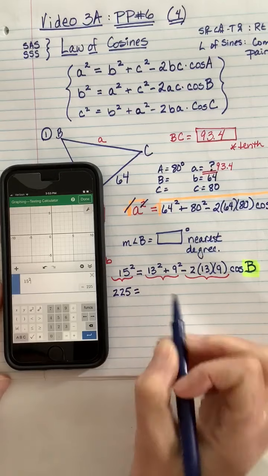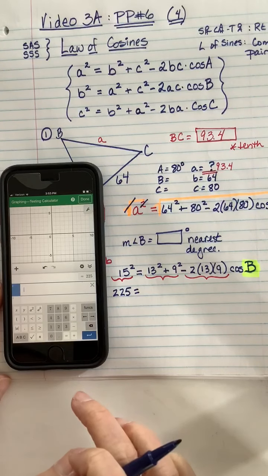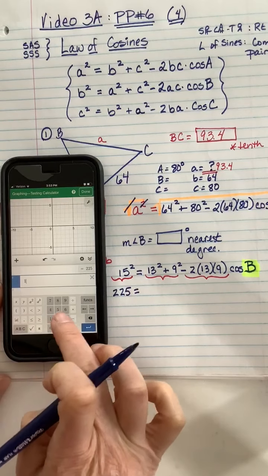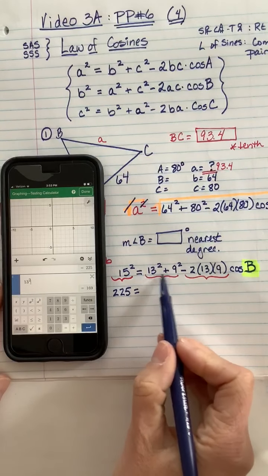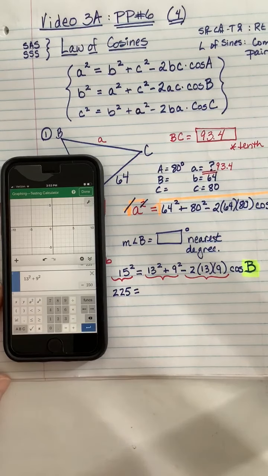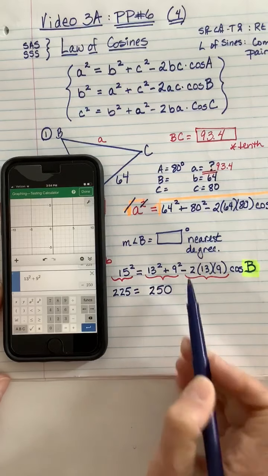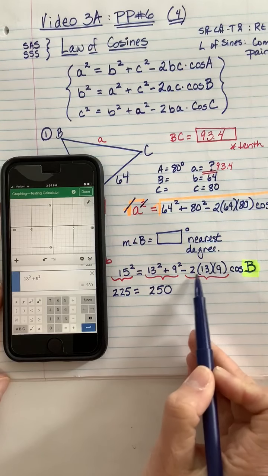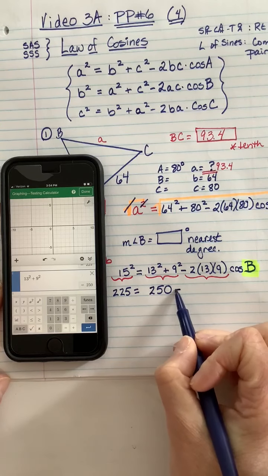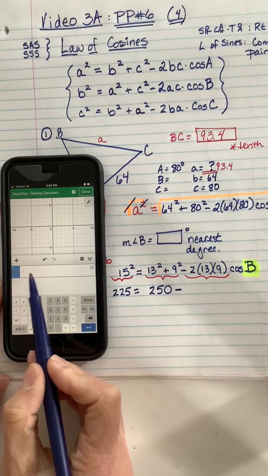Now, I don't like to write down very much stuff if I don't have to, but in this particular case, it's really gonna help me. So I've got 13 squared now. I'm gonna do this piece next, plus 9 squared. And this is gonna give me 250. Now I'm gonna subtract all of this stuff. So I'm gonna subtract, notice I'm going into a different space every time.